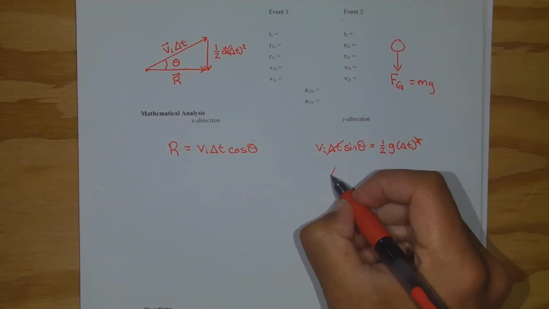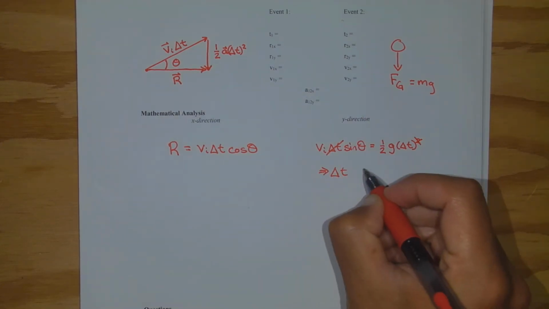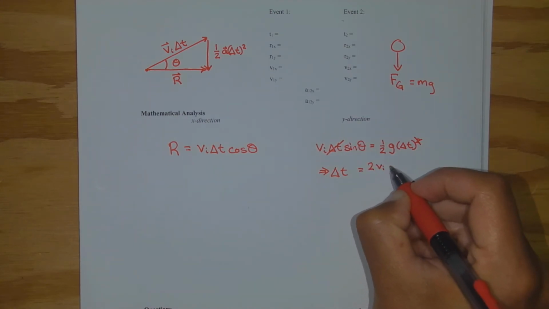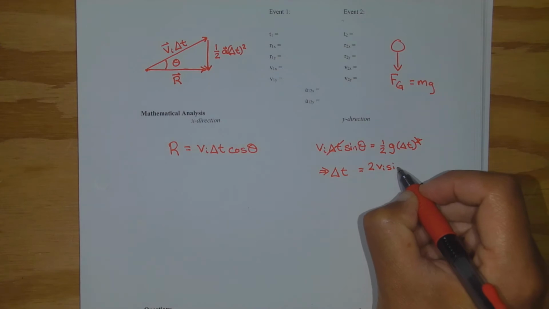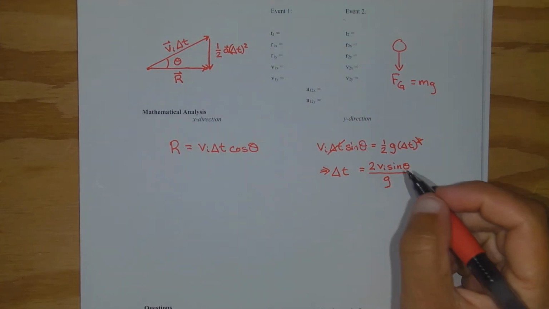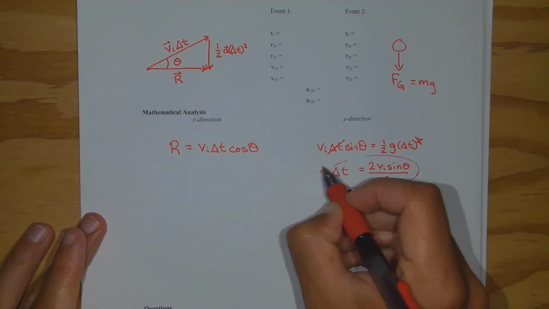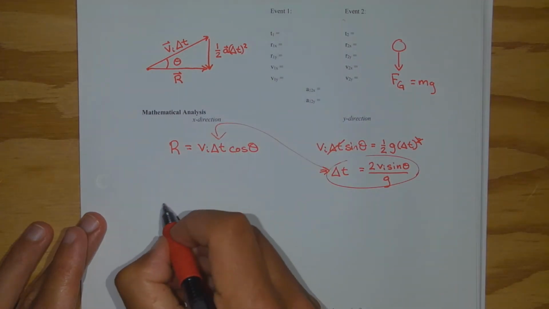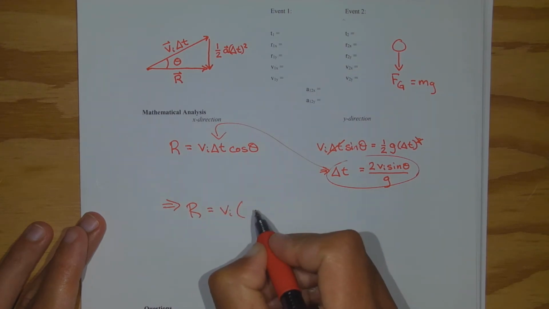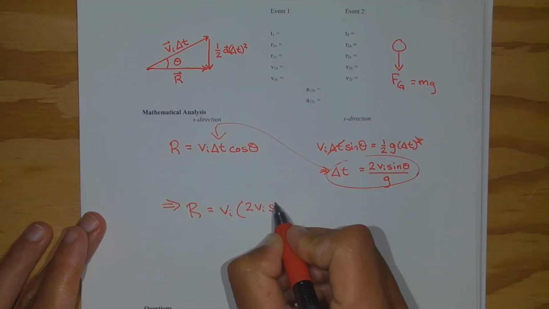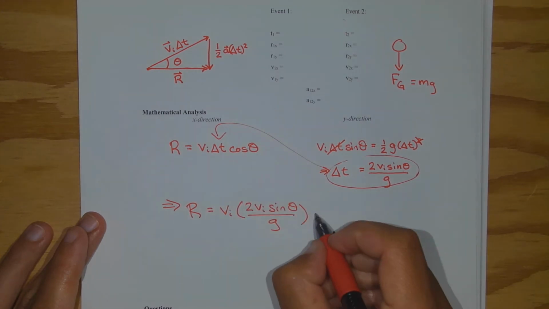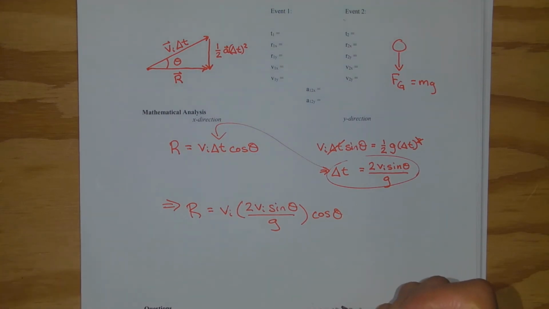And then solving for delta t here gives me delta t is equal to 2 times vi times sine theta, divided by g. And then you can take this and put it in over here, and that gives us R is equal to vi times delta t, which is 2vi sine theta divided by g. So this is delta t, and then I still have a cosine theta.